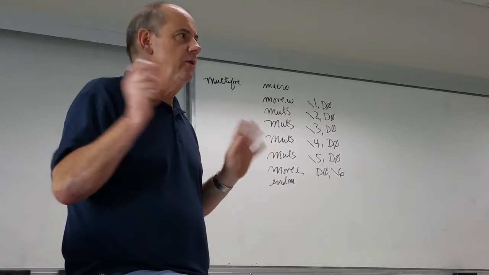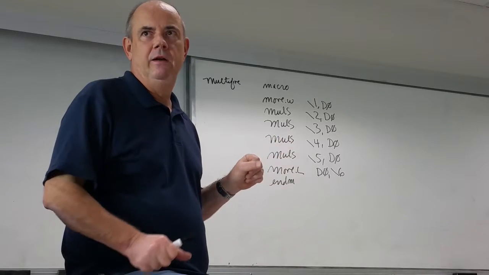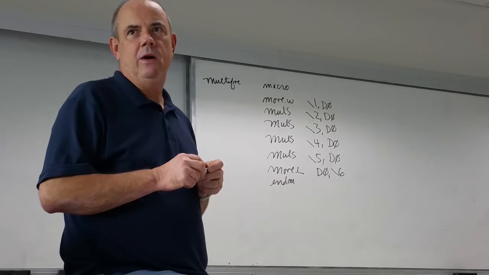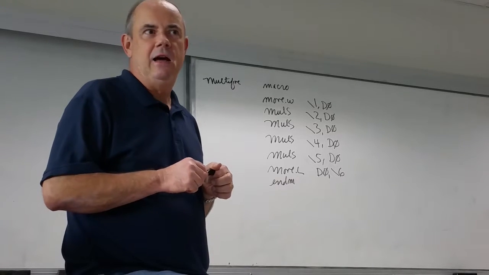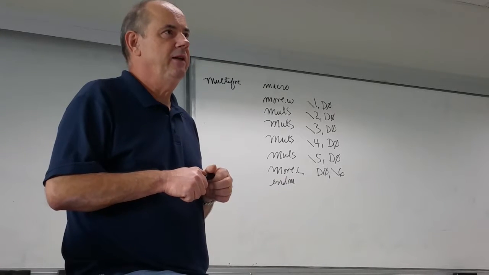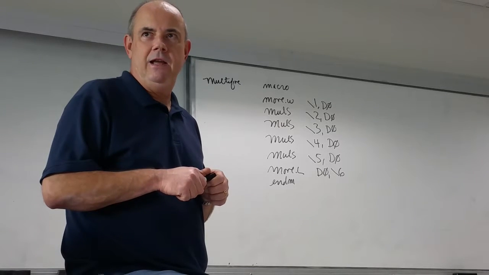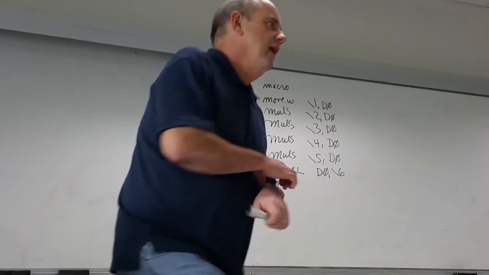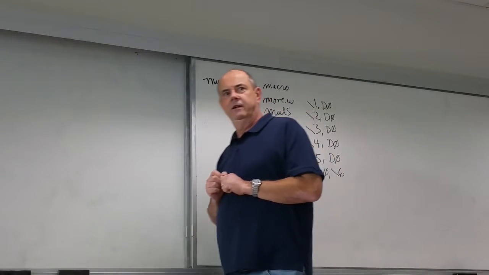So you're going along with your file parser. How do you know when you found one? Macro. Macro what? How do you know if you found a macro definition? Macro opcode. If the opcode is equal to macro. Yes. If the opcode is equal to macro, then it's a macro definition.